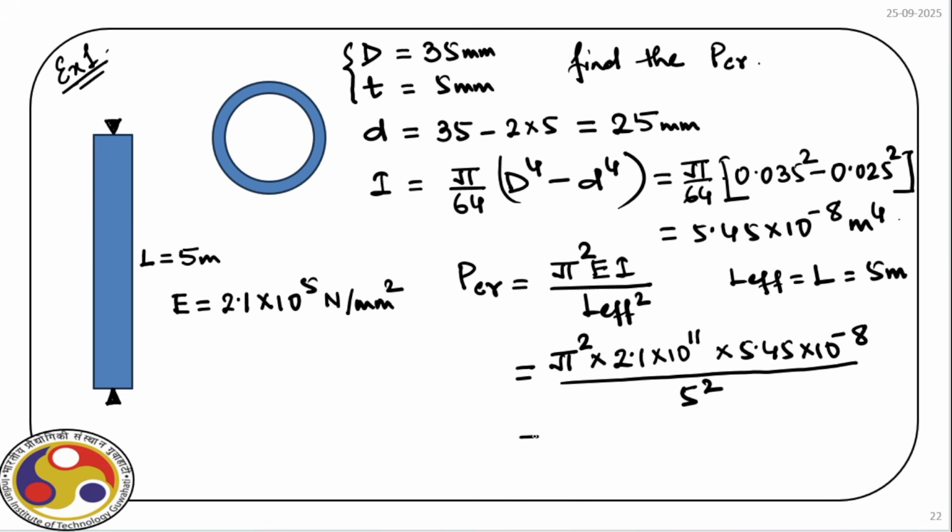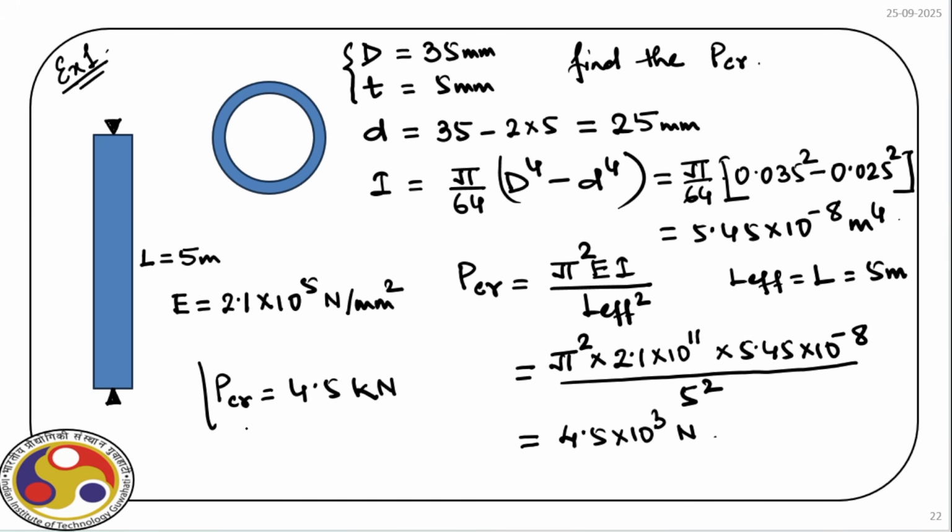So if we solve this, we get 4.5 into 10 to the power 3 Newton. Therefore, P critical for this problem is 4.5 kilonewton.